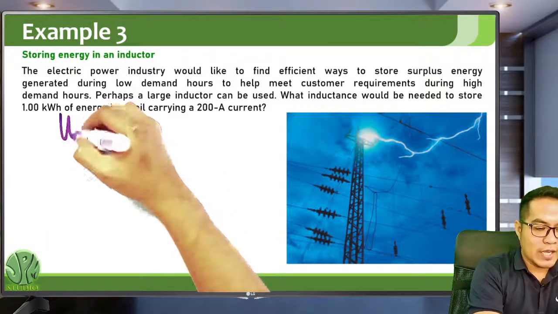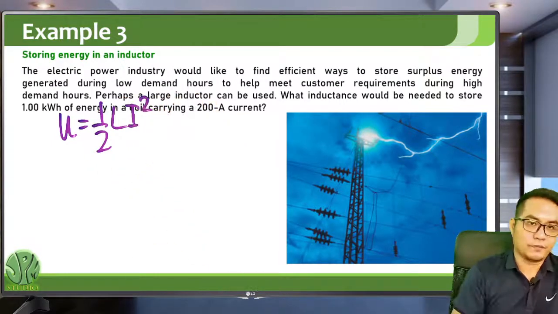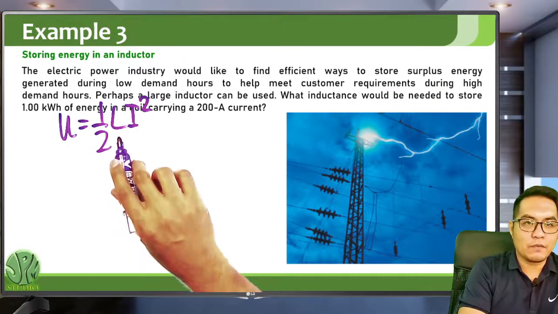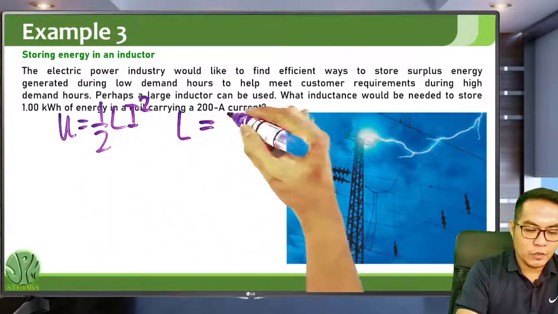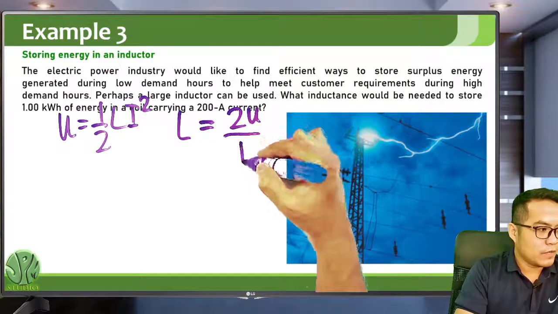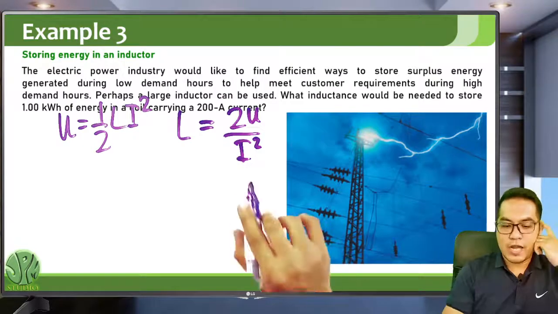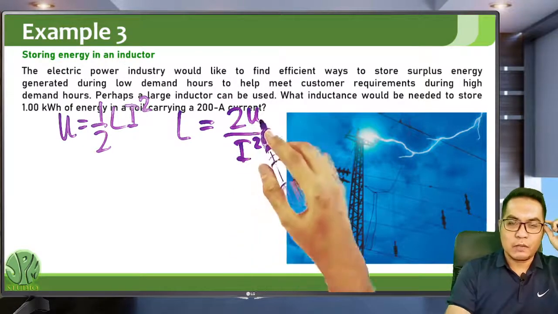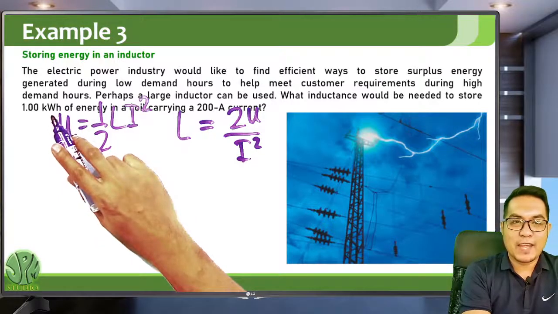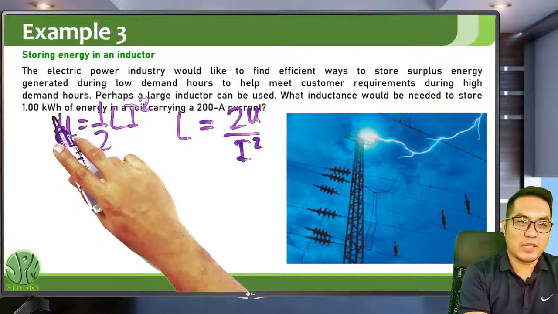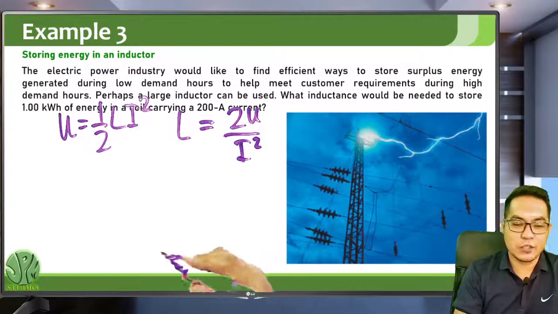So magnetic energy is just 1/2 L i squared. But we are trying to solve for L. So therefore, L is equal to 2U over I squared. So before we can solve this, I is 200 amperes, but U is still in the layman's unit of energy, which is kilowatt hour. We need to convert this into standard units, which is joules.